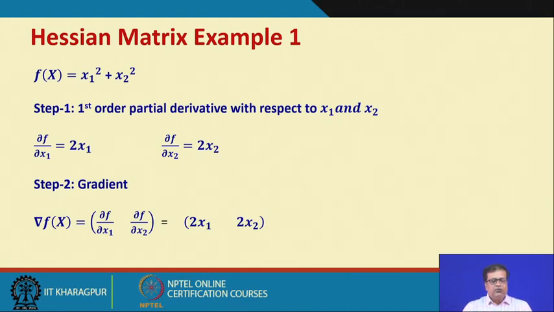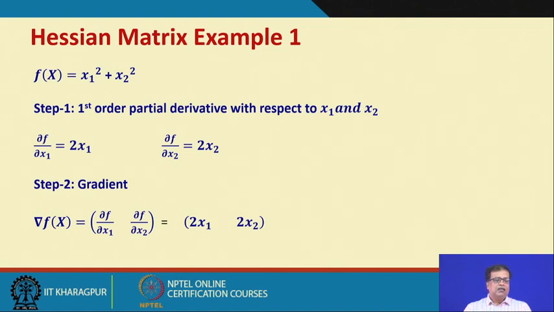And if we do it with respect to x 2, that is del f del x 2, then we get 2 x 2, because only the second term will come. So, the gradient will be del f del x 1, del f del x 2, that is 2 x 1 and 2 x 2, right. So, now what will be our Hessian matrix? For the Hessian matrix we have to find out first of all del square f del x 1 square.